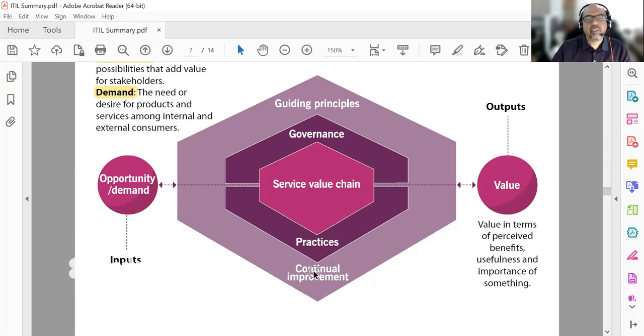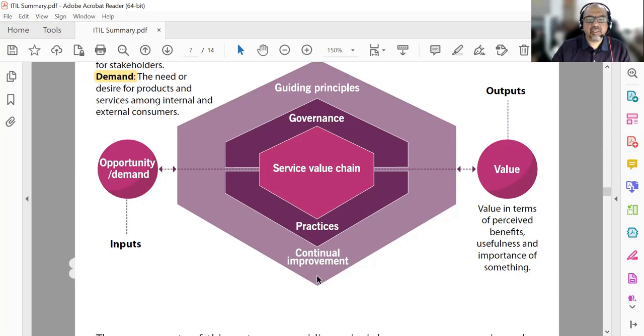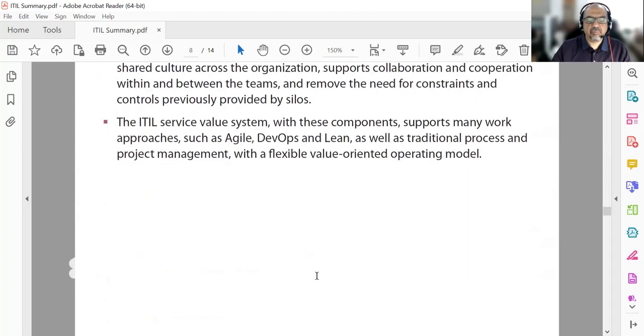Whatever the ideas here, we keep them in the CIR, continual improvement register. Then we prioritize, assess, and start working on them one by one based on our budget, capacity, skill sets, risks, value, and many other components. Good. We will assess them and decide which one to start with.